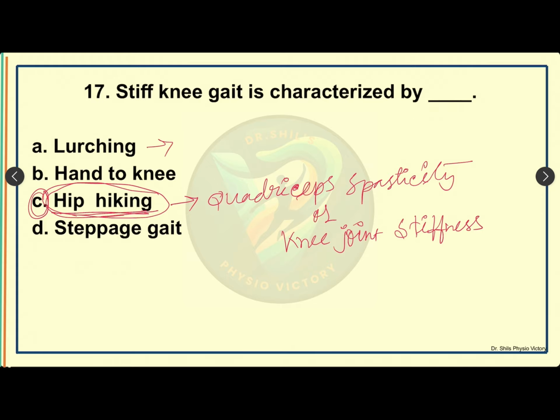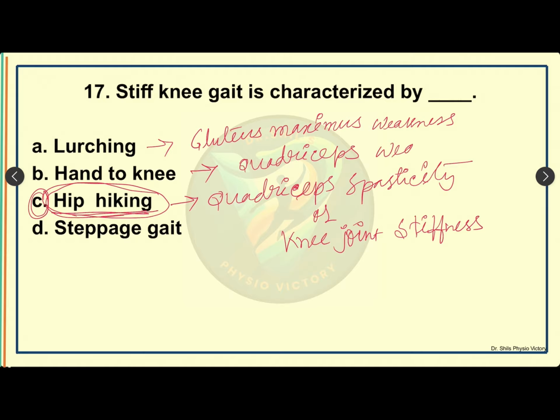Lurching gait is generally seen in gluteus maximus weakness, hand to knee gait is generally seen in quadriceps weakness, and steppage gait.